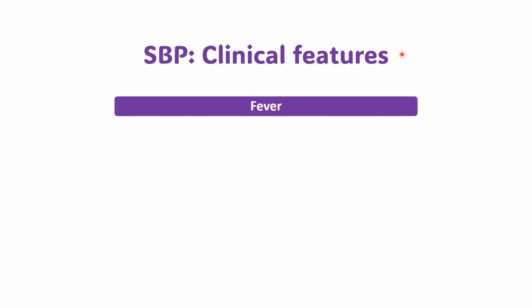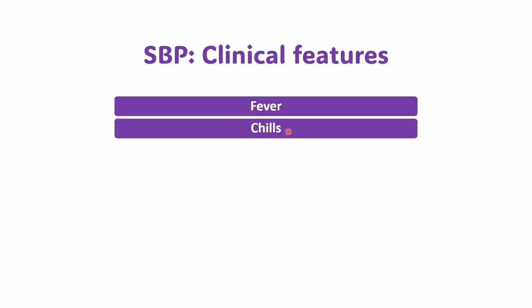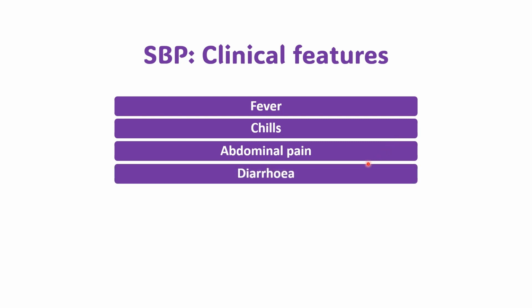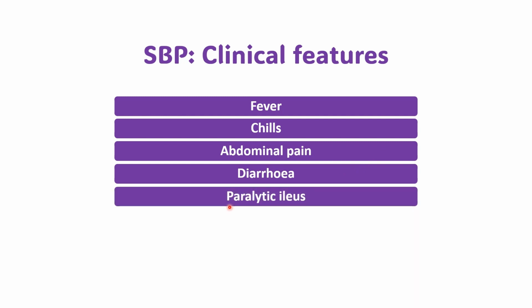So if they develop a fever, you want to be thinking, right, there could be something which isn't quite right, which needs further investigating. Patients might also have chills, abdominal pain. Remember in your physical examination, you might be able to elicit some guarding or rebound tenderness, indicating parietal peritoneal involvement. Patients might have diarrhea, paralytic ileus.